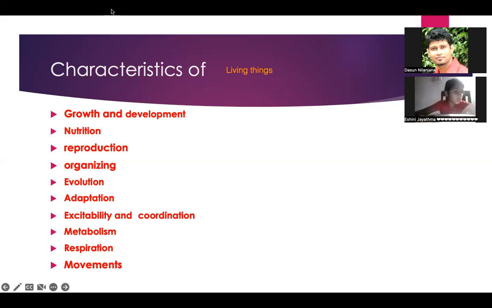Okay, we have discussed up to organizing. Evolution is something I also saw some articles about recently on social media. Evolution means that initially we believe we have not come directly to planet Earth. We have evolved from our ancestors, grandfathers of grandfathers.